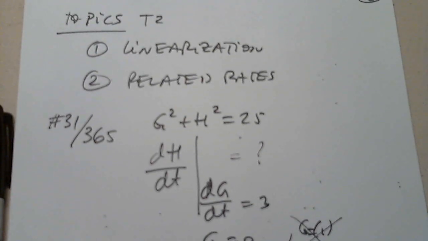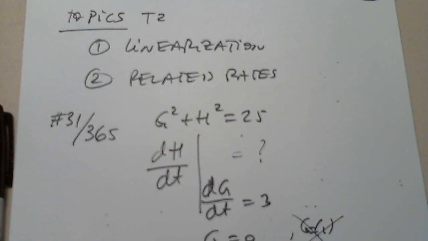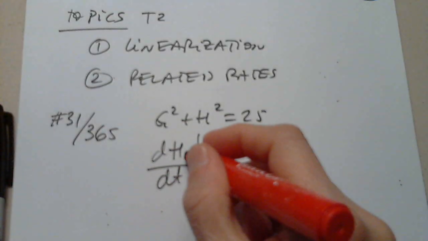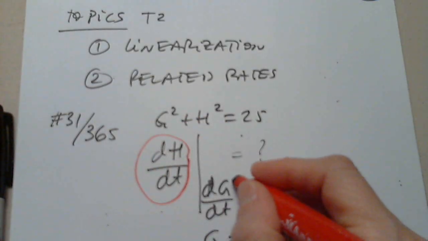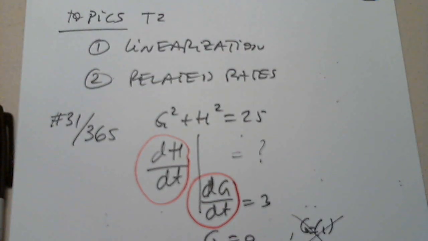So looking at the question, we realize that h is a function of what and g is a function of what, which is very important to realize. When we look at this and this, what do we conclude?